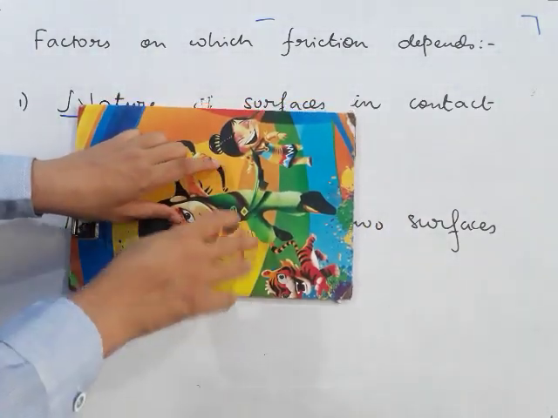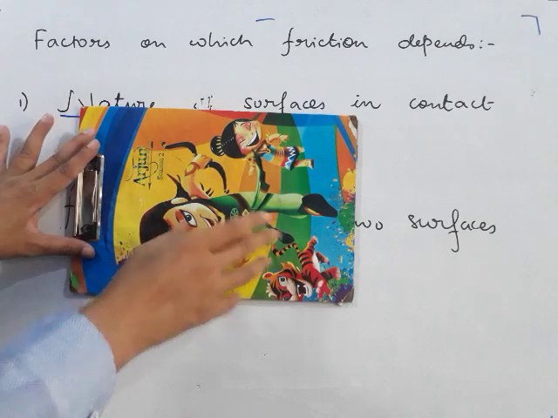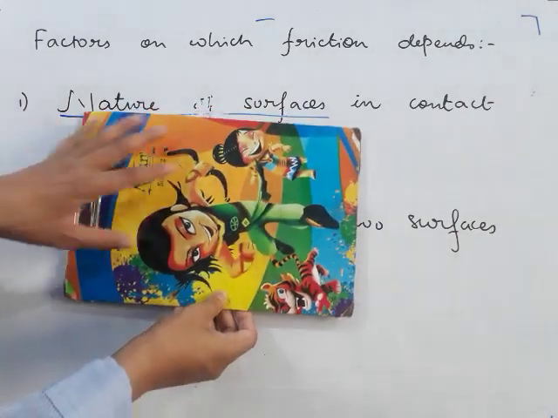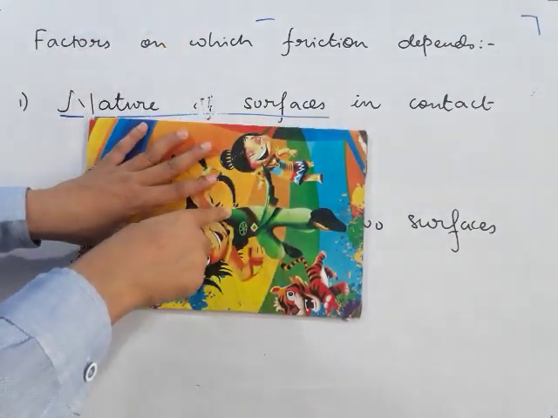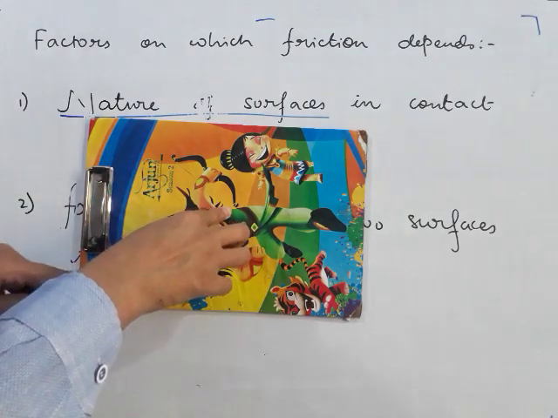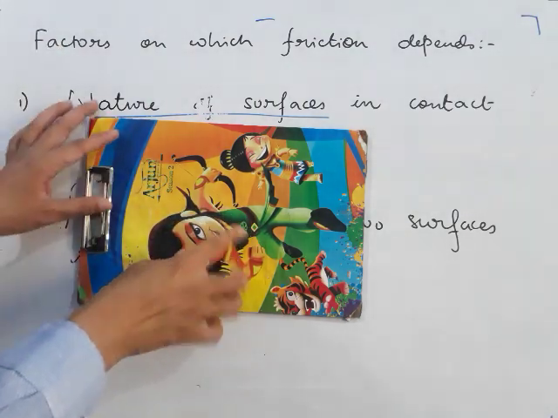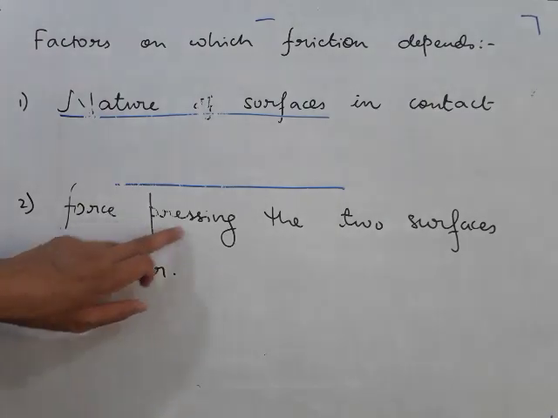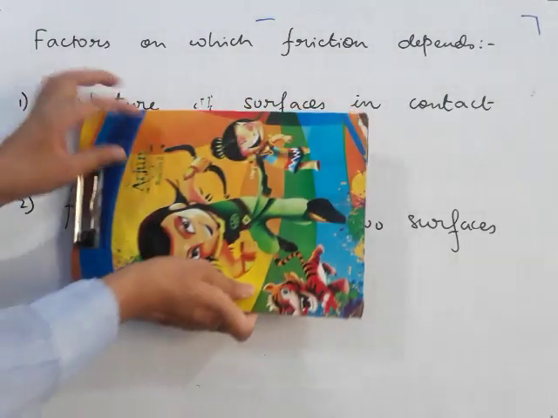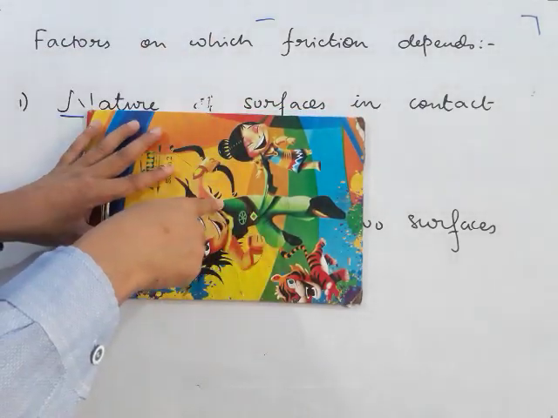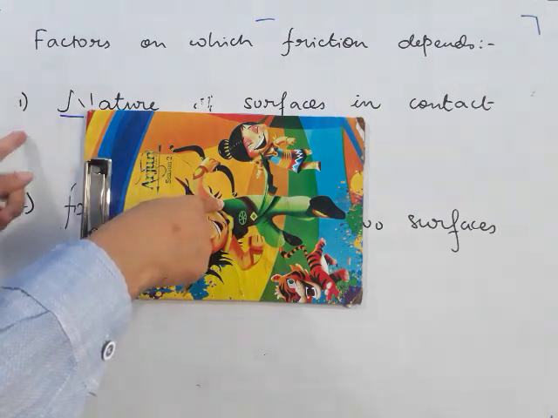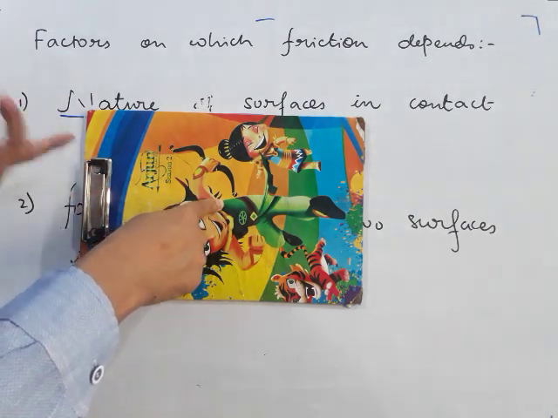And that frictional force was initially less than gravity, that's why it fell down. But when you exert some force with your finger onto this board, then the frictional force increases because of the second factor, force pressing the 2 surfaces together. So when you apply a force like this, the force pressing these 2 surfaces together increases the frictional force.